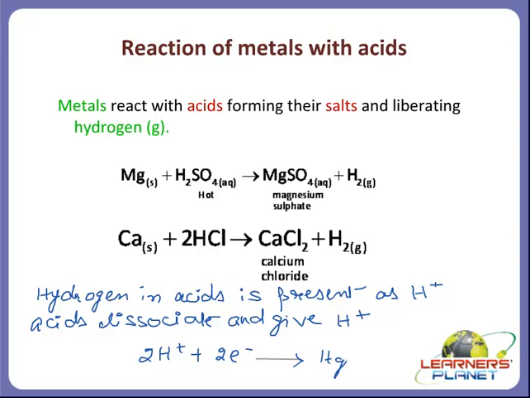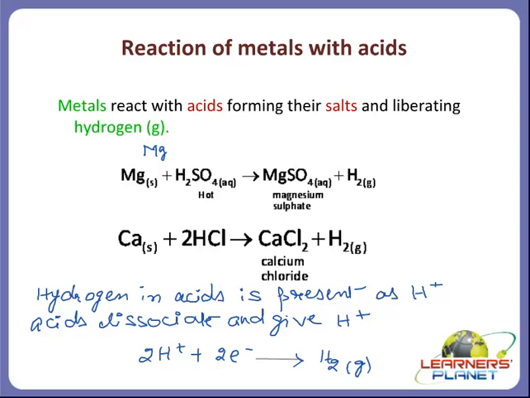So what is essential? The essential part here is the electrons which are given by metals. We know that metals form electropositive ions by releasing electrons. For example, magnesium. What type of ion does magnesium form?